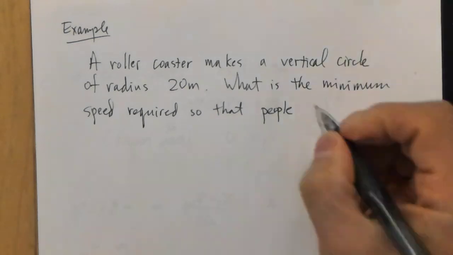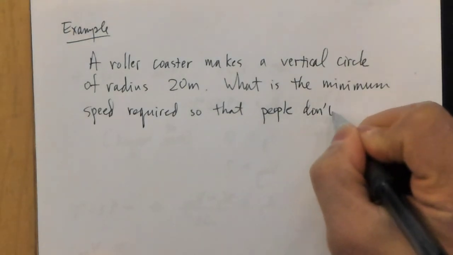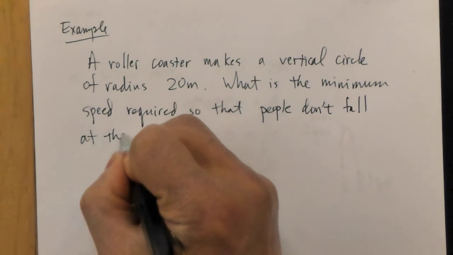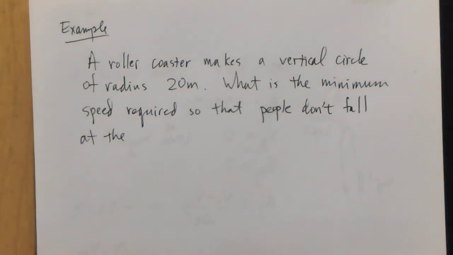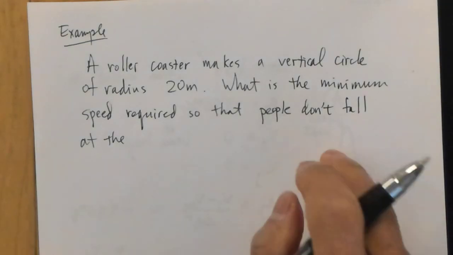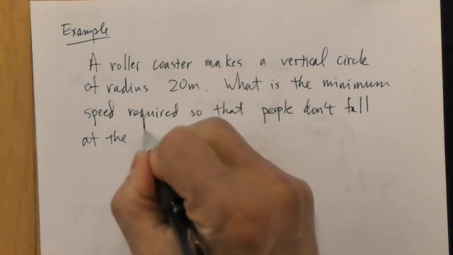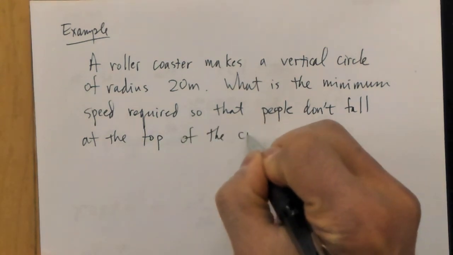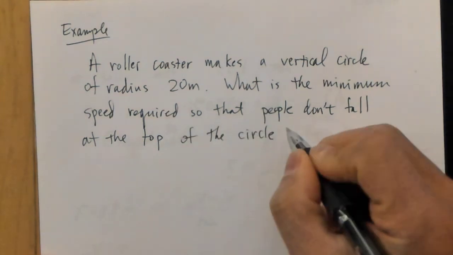Okay, people don't fall at the top of the circle. So you see, this is actually relevant. If you're designing an amusement park and you don't know this physics, you're kind of taking a chance here. Don't fall at the top of the circle when upside down.